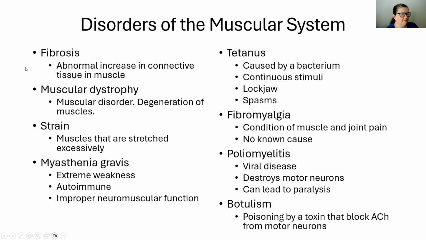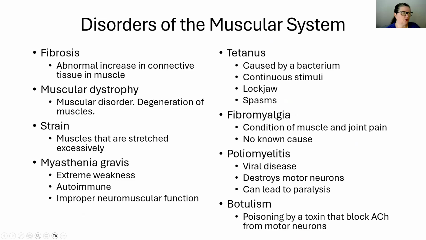Fibrosis is any abnormal increase in connective tissue in the muscle, and that causes the muscles to be larger than they need to be. And I don't mean large in a good way, more dense, more thick, and it's harder for them to move. Muscular dystrophy is a muscular disorder that causes degeneration of the muscles.